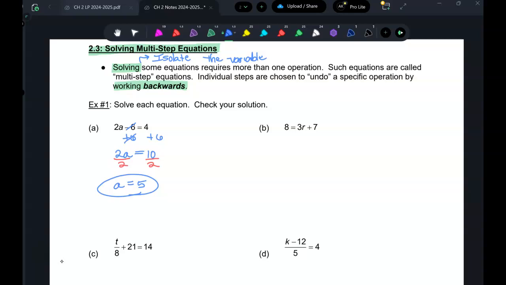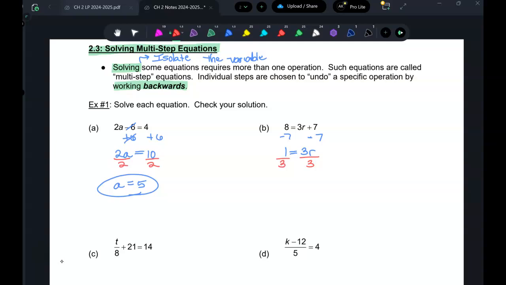Wait, so then for 7, you would do minus 7 on both sides? Good. So I say 3r plus 7. So we always want to get rid of the plus or the minus part first. So how do we cancel a plus 7? Minus 7. And you get 1 equals 3r. Okay, so I'm going to divide both sides by 3.